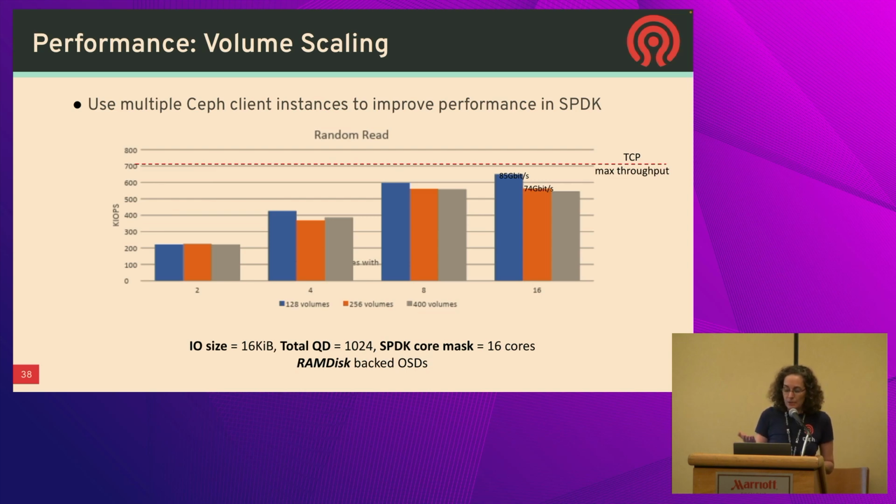As you can see, with 16 Ceph clients, we can almost get to the line rate. Small comment, this is with a RAM-backed disk, so this is just to test the SPDK performance and our setup, not to test Ceph.